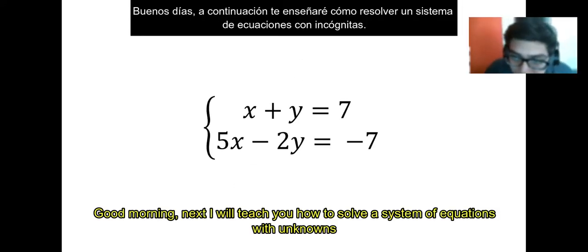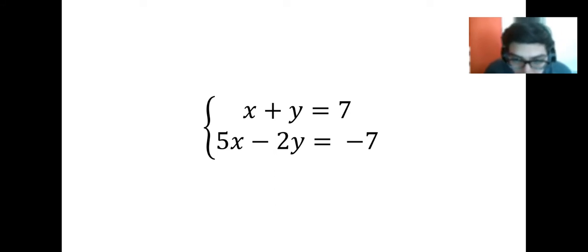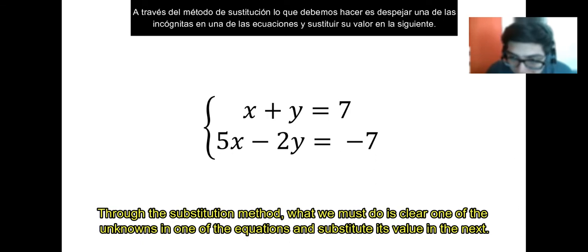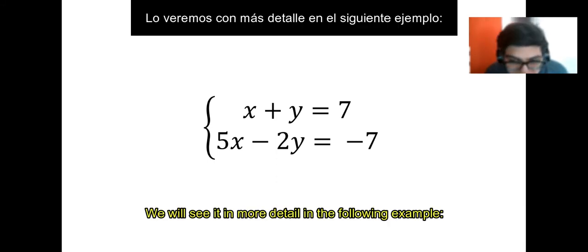Good morning. Next, I will teach you how to solve a system of equations with two unknowns through the substitution method. What we must do is clear one of the unknowns in one of the equations and substitute its value in the next. We will see it in more detail in the following example.